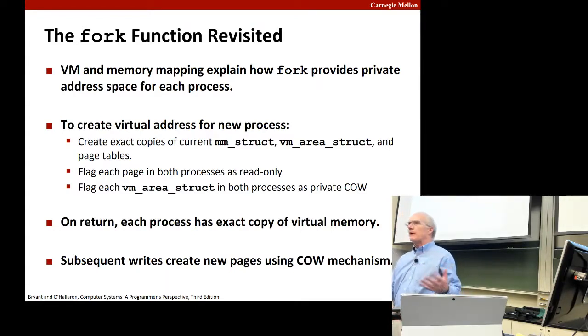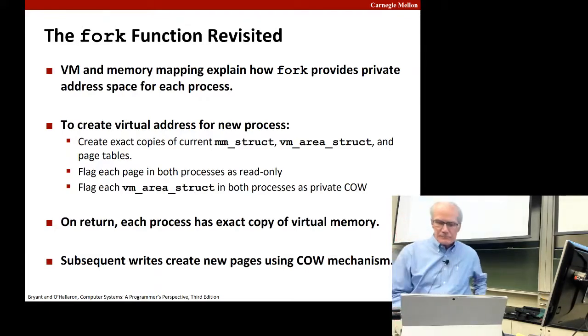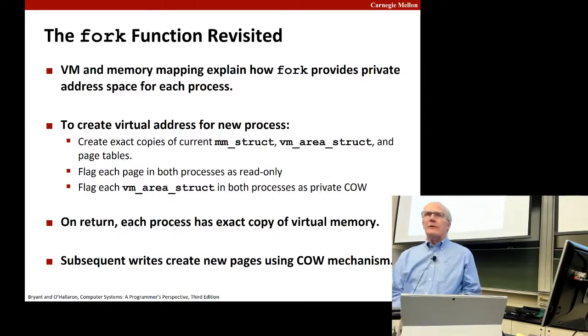The code, for example, assuming I don't do an exec. So rather than really making a copy, it will keep the original copy, but use this copy on write trick so that I only duplicate the pages that actually get updated by one process or another as it runs. So it's a pretty clever trick. Does that make sense to people? It solves the mystery of how fork works.